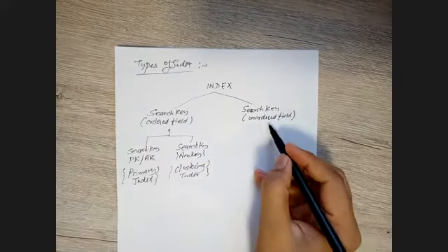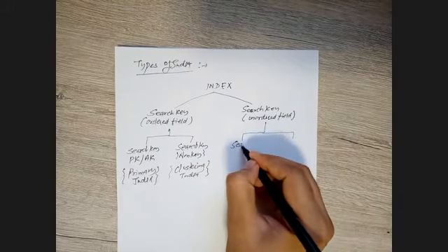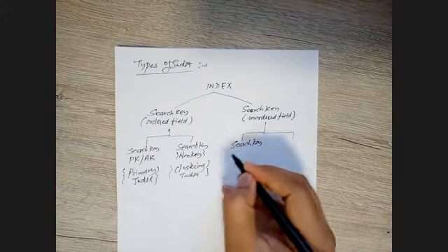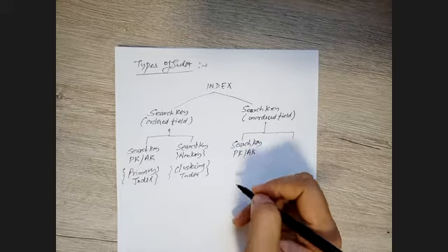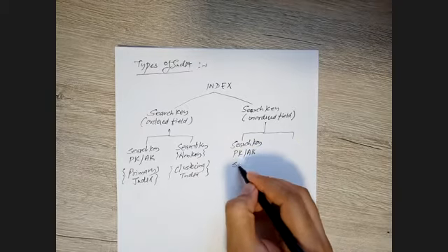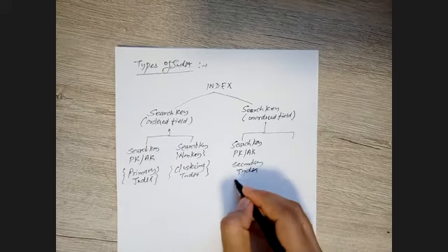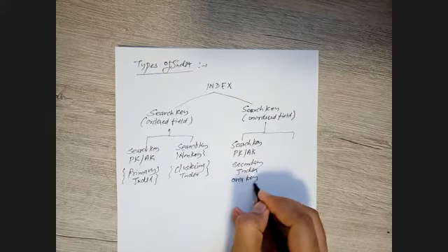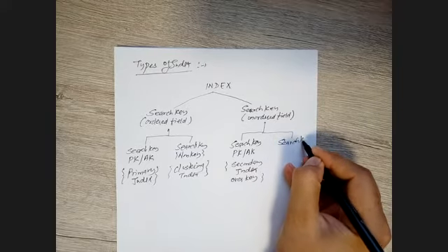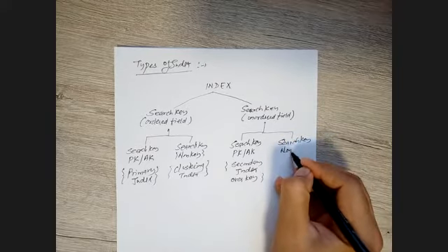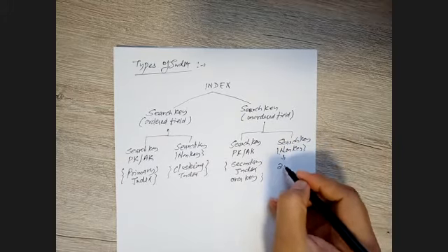Now come to this side. Same scenarios here. If our search key is a primary key or alternate key, then we use secondary index over key. But if our search key is non-key, we again use secondary index.